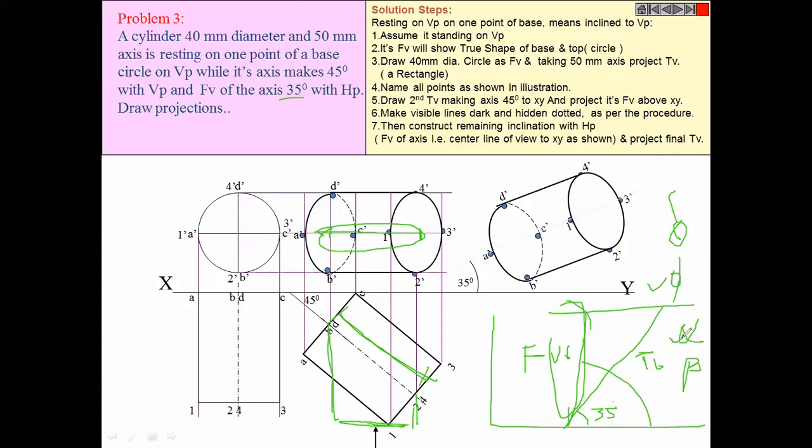Very good. Alpha is the apparent angle with HP. So this is HP or VP? HP, correct? This angle with HP you can see in the front view. So your answer was correct. And this is beta. So you would have got here an alpha angle. That angle you need to draw that line and copy paste this item. Got it?